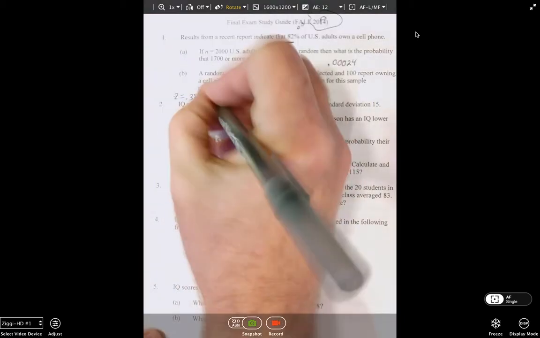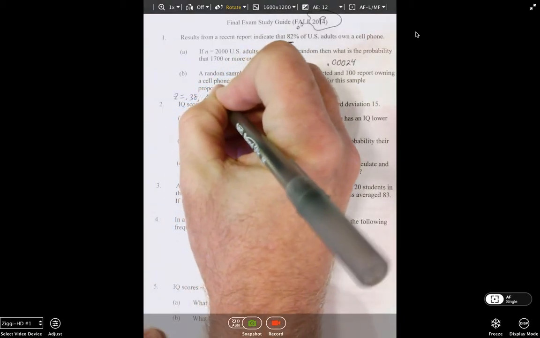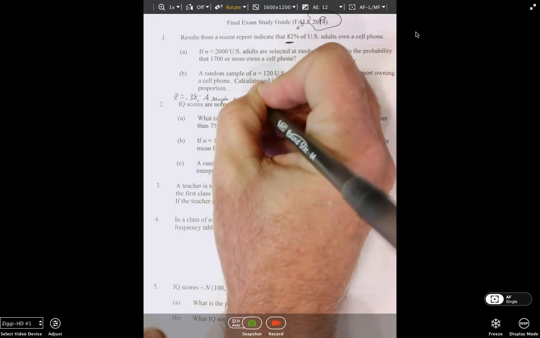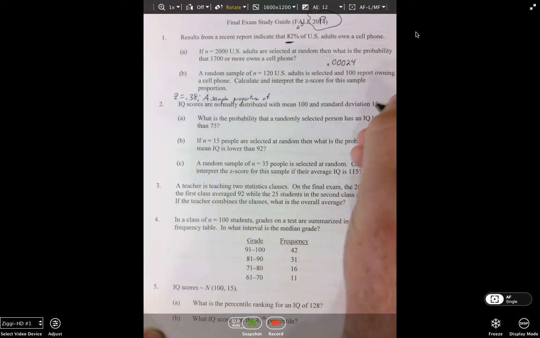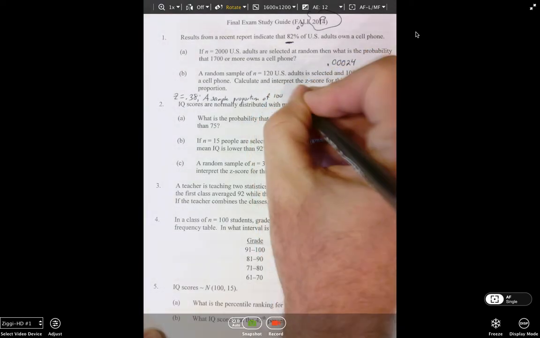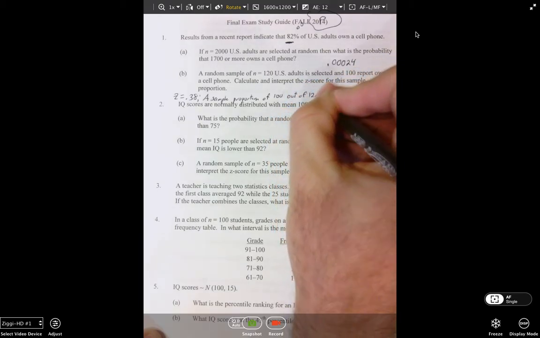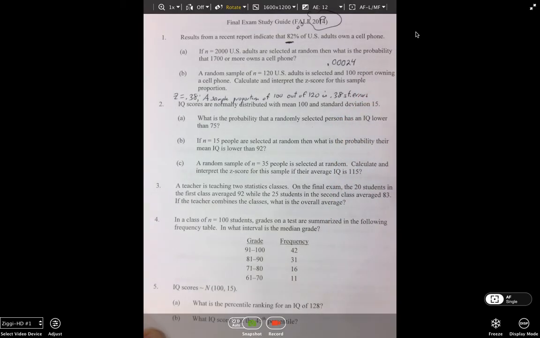So we would say a sample proportion of 100 out of 120 is 0.38 standard errors. Guys, I'm going to abbreviate here because I'm running out of room. So it's 0.38 standard errors above the mean.